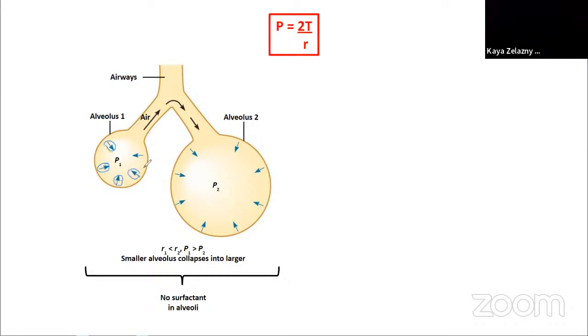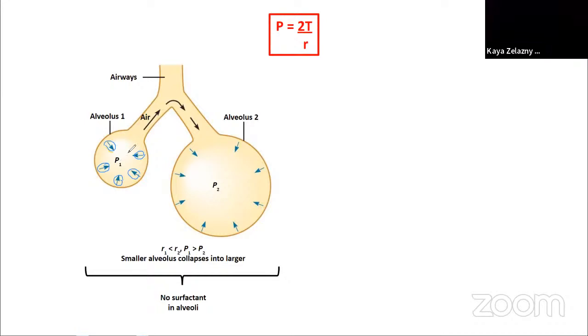So it is the case that in a small alveolus, and our alveoli are different sizes, they're not all one uniform size, you have small ones and big ones, those water molecules are kind of close to each other, so they're pulling in pretty hard on this air.